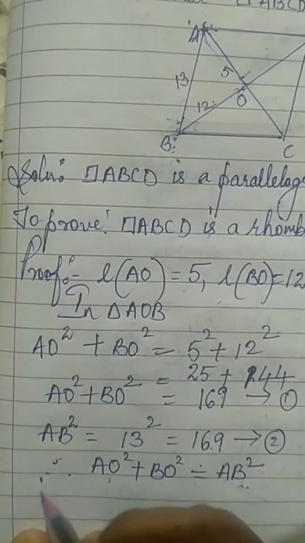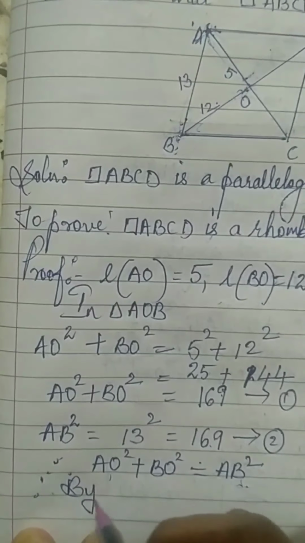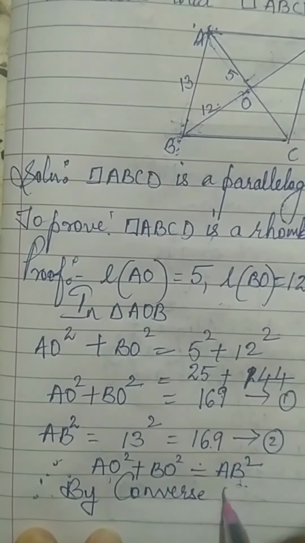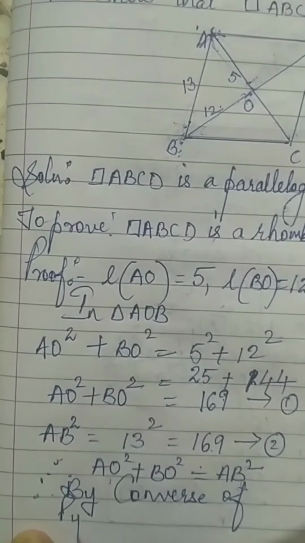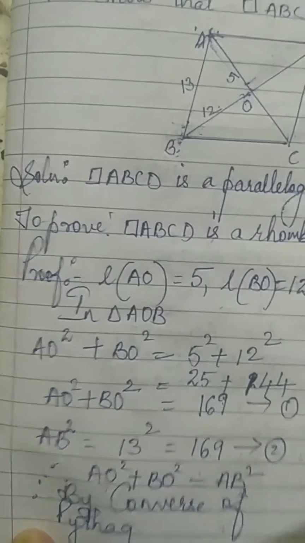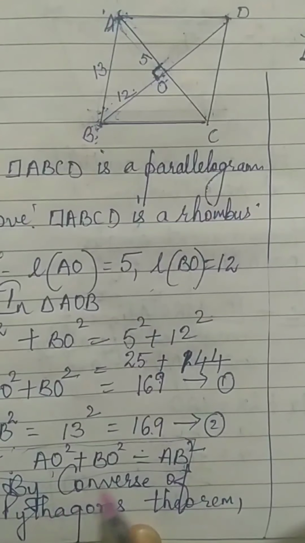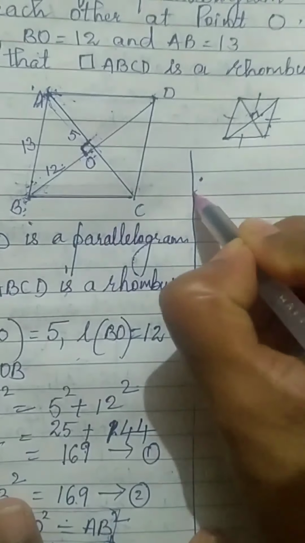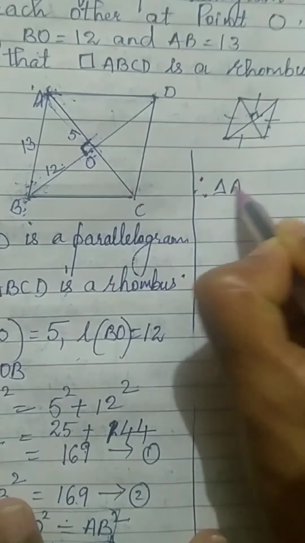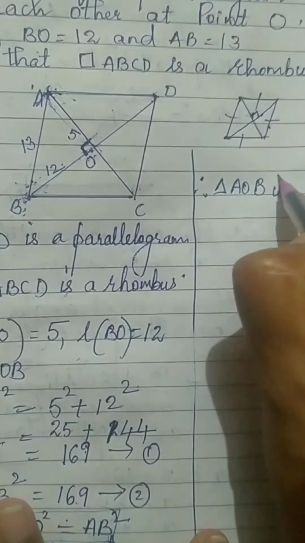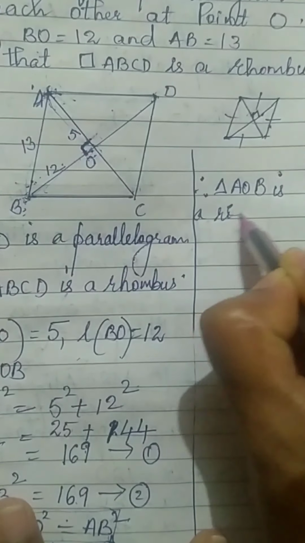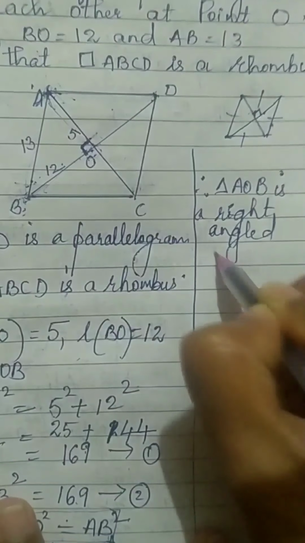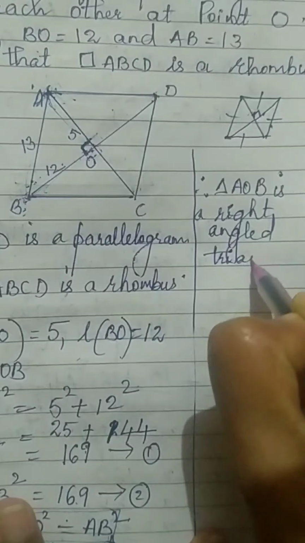So you will write, therefore, by 1 mark reason, by converse of Pythagoras theorem, this triangle became, therefore, triangle AOB is a right angled triangle. Okay.